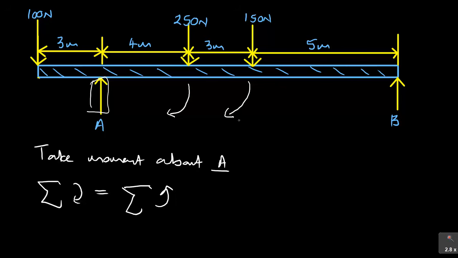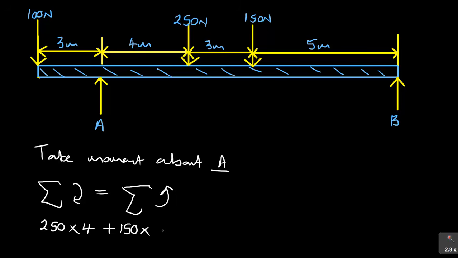So that's what I'm seeing as clockwise. The aim is to multiply the force, first 250, times its distance from A, which is 4, plus 150 times its distance from the line of action A, which is 4 plus 3, so 7 meters.